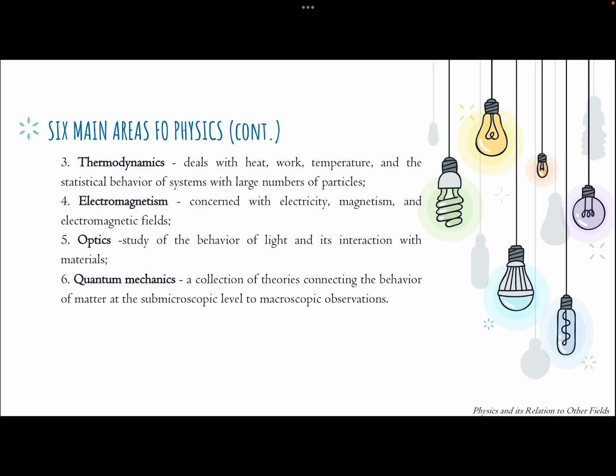Number 4, we have electromagnetism. Number 5 is optics. And number 6 is quantum mechanics. Albert Einstein also made such important contributions to this area, especially to the development of the theory of quantum mechanics. Basahin nyo na lang yung mga definitions ng each areas of physics.